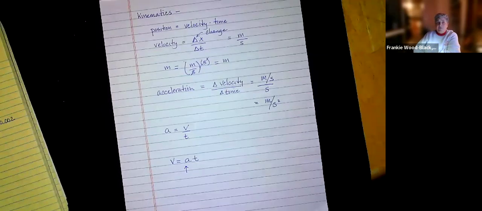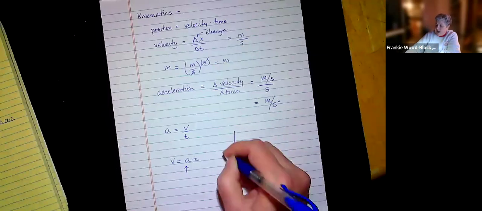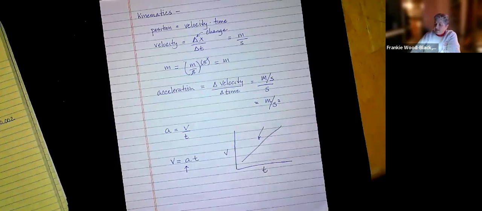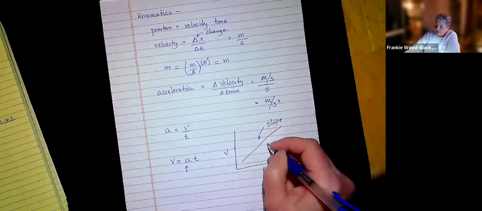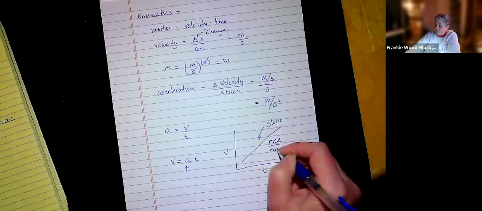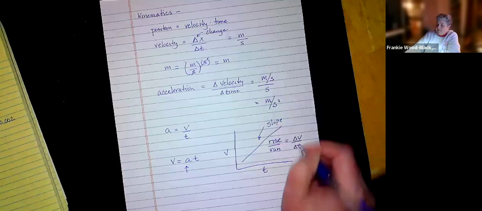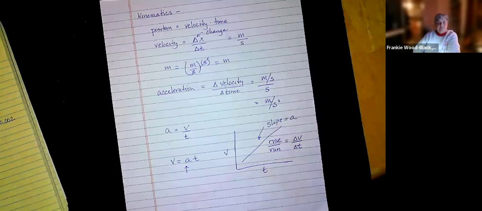And so now if I do a velocity time plot, check that out. My slope of a velocity time plot, so if I have velocity and time and I have a straight line, that slope is equal to, if I do rise over run, a change in velocity over a change in time, and that slope is going to be an acceleration.